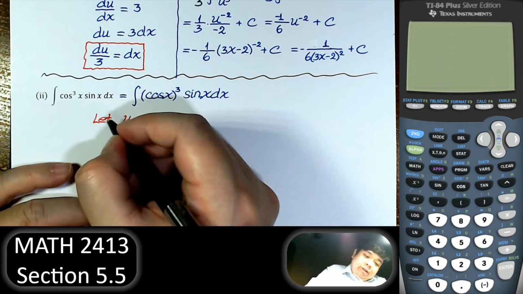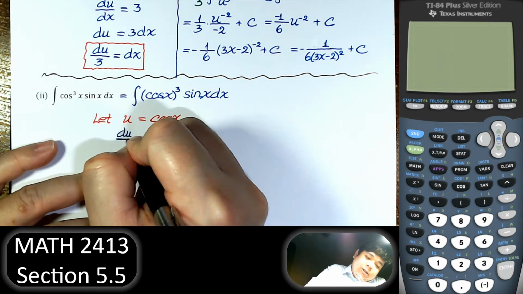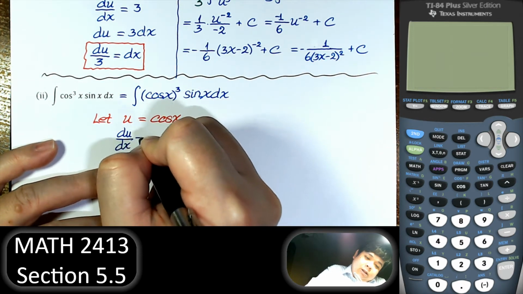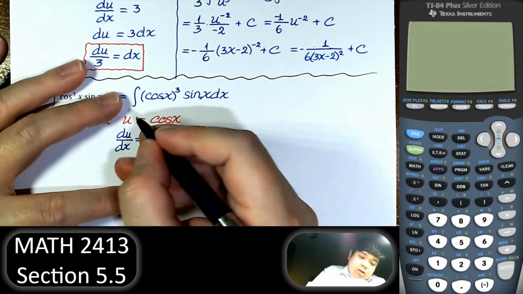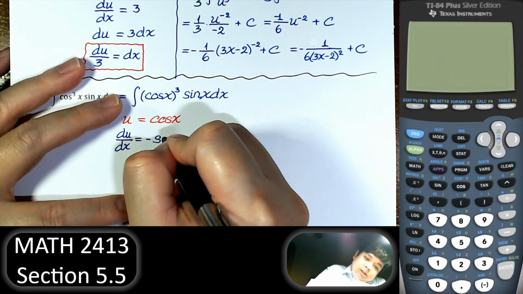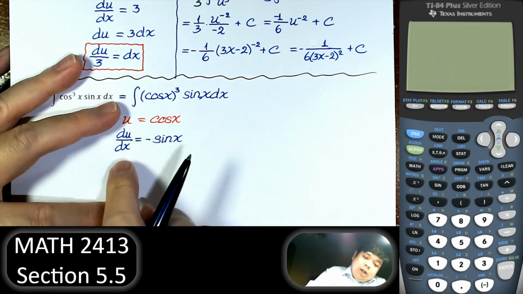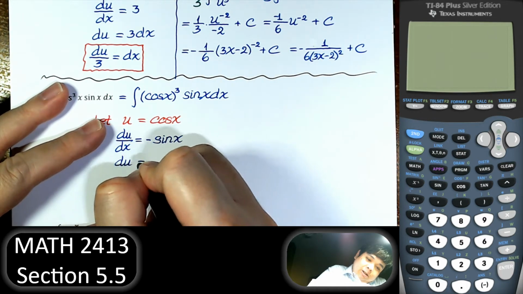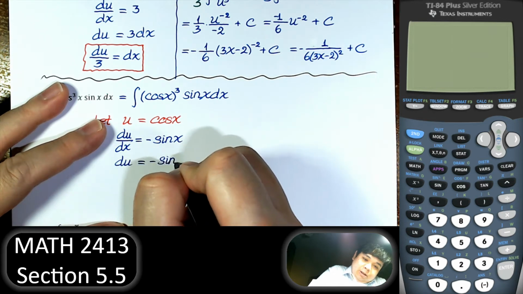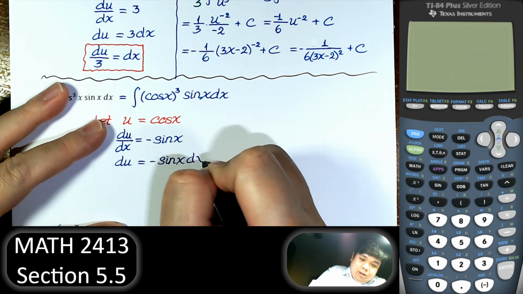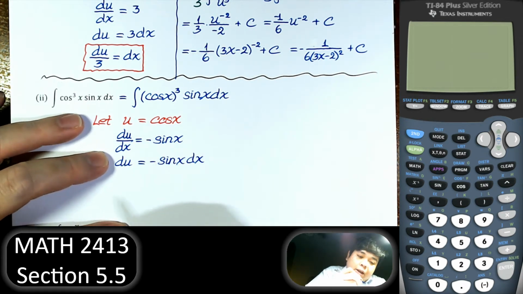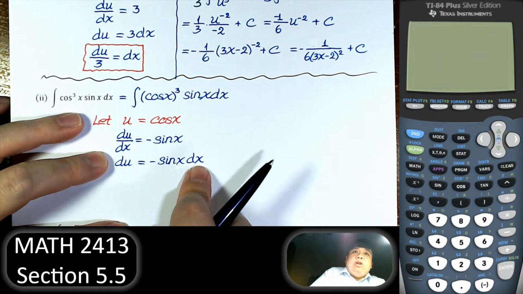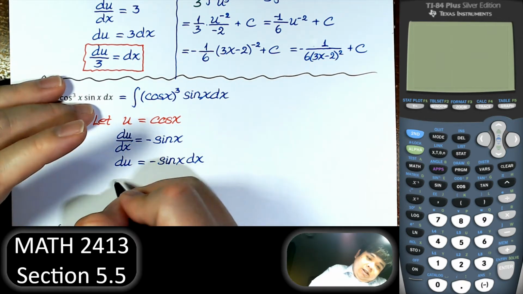Now we just take the derivative. Derivative of cosine is negative sine. We can move the dx. And then solve for dx and divide by negative sine.